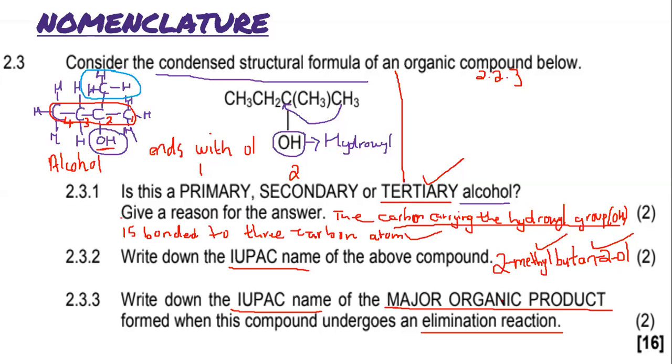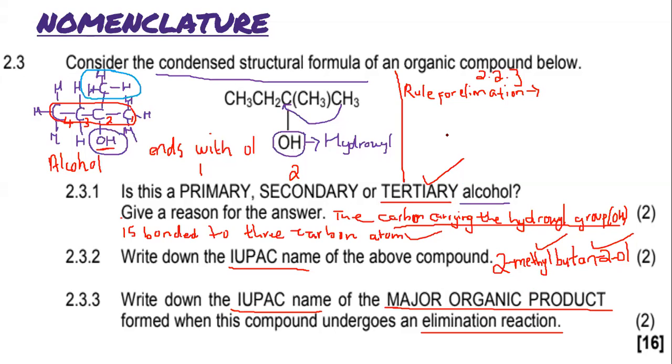And because now you have to determine the major product, it means you need to apply the rule for elimination, because they are telling us that this molecule will be undergoing elimination. So we must apply the rule for elimination.